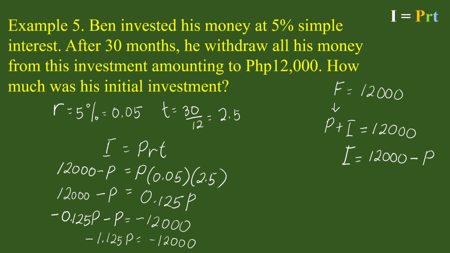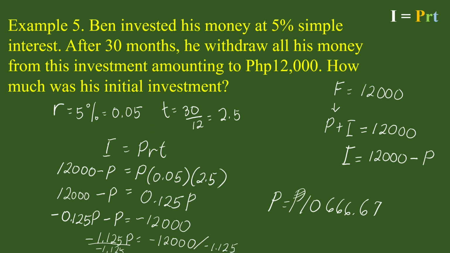Alright? And then finally, divide both sides by negative 1.125. Okay, calculators. 12,000 divided by 1.125. So, that would be equivalent to 10,666.67. So, that is in pesos, principal.